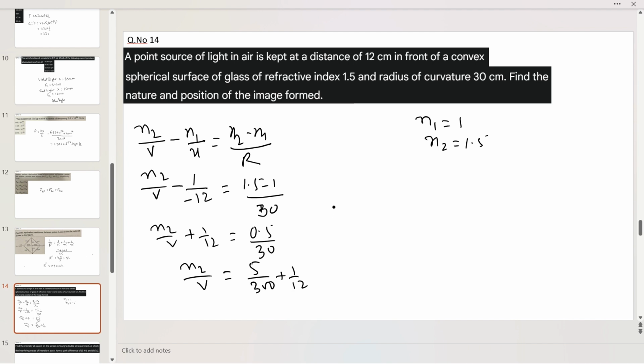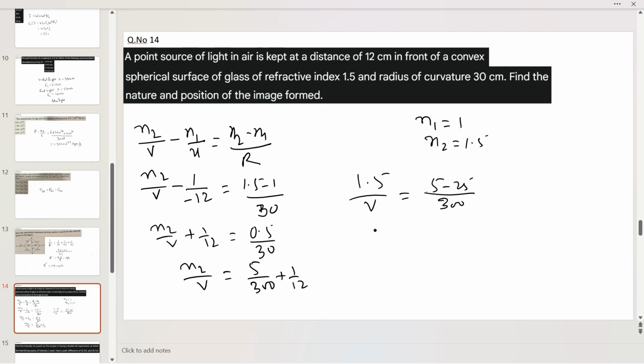N2 is given to you, it is glass, 1.5, so 1.5 divided by V is equal to, here your LCM will be 300, so this will be 5 minus 25.